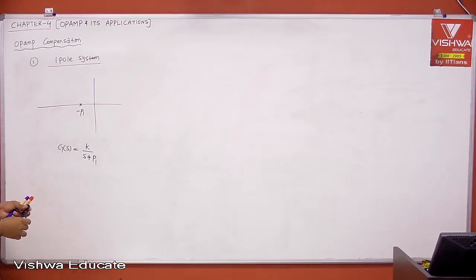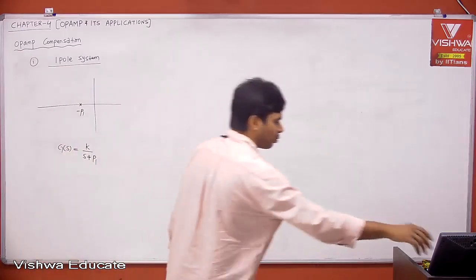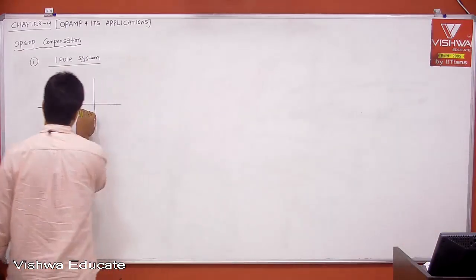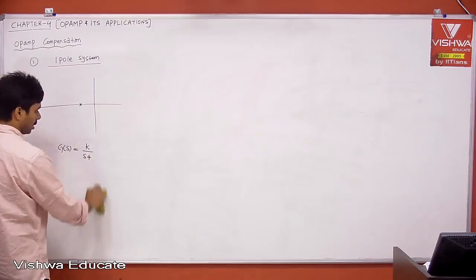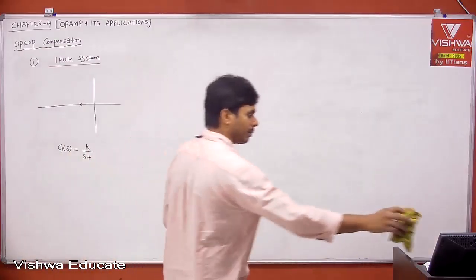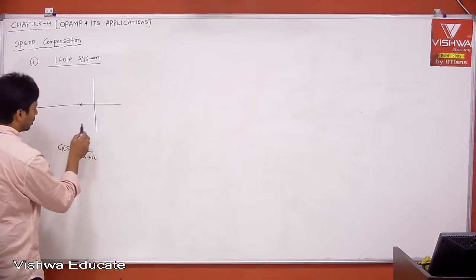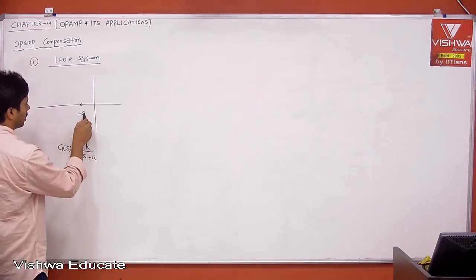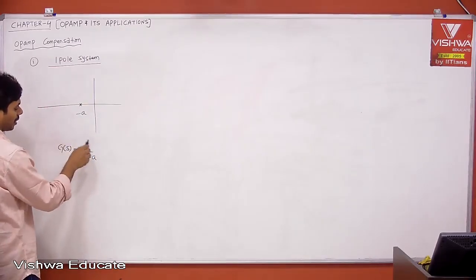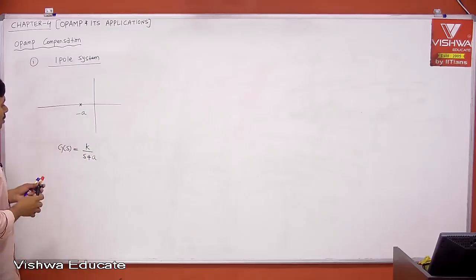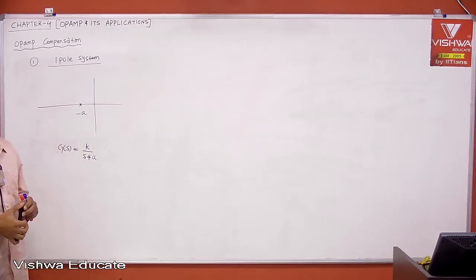This is your pole. The typical convention people follow is S plus A and so on. That is fine. Now, if that is the scenario, this is S plus A, then this is minus A. Now, when K is varying from minimum to maximum, then how are the closed loop system's poles located?